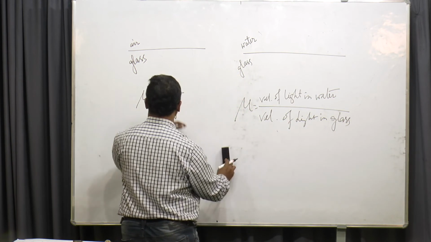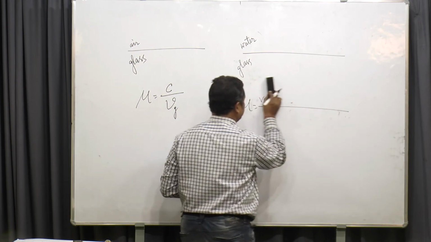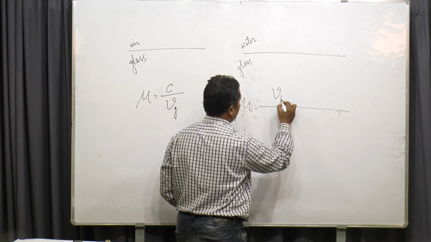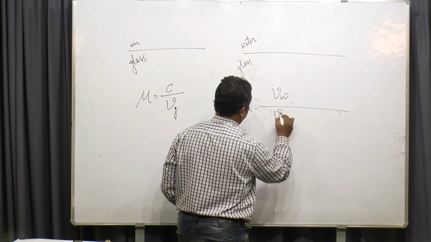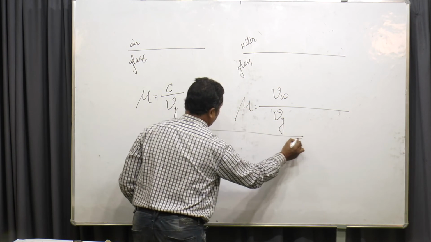So I have replaced this air by water. So it becomes like this. So it will be Vw by Vg. So up to this I am concluding.